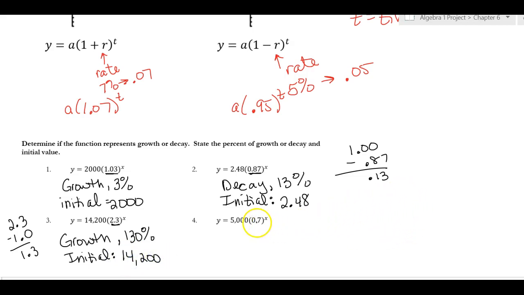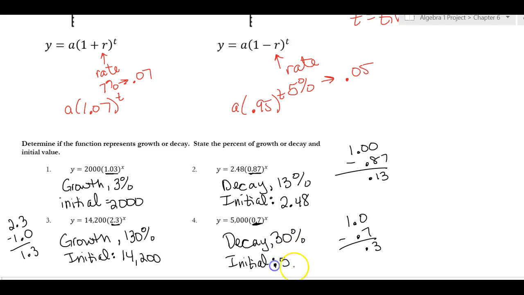All right, and then the last one, we look inside. This is less than 1, so that's decay. And I do 1 minus 0.7, so 0.3. So that's 30% decay. And then we need our initial value. And our initial value is 5,000.